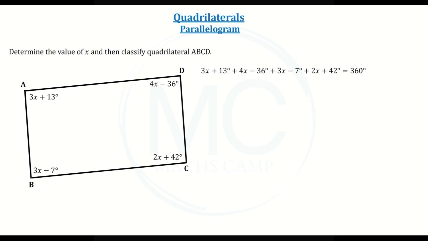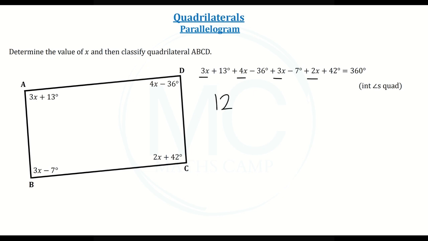We know that the interior angles of a quadrilateral add up to 360 degrees. So as our reason, we say the interior angles of a quadrilateral. Now we've created an equation we can use to solve for x. So let's start by adding like terms. 3x plus 4x is 7x, plus 3x is 10x, plus 2x gives us 12x.